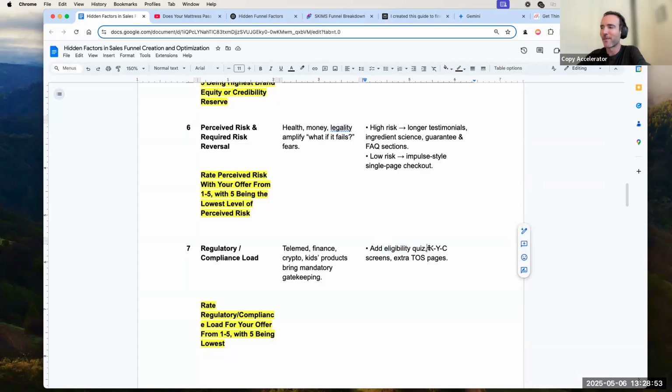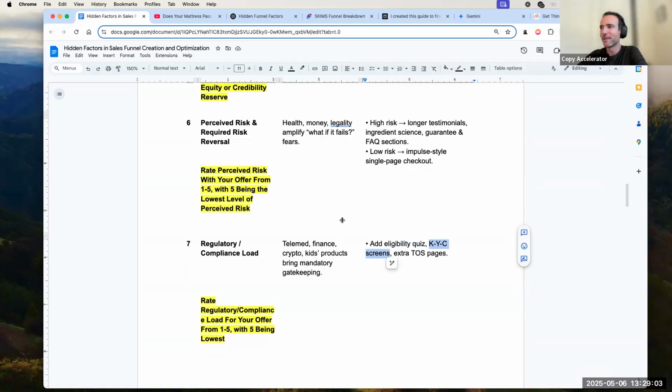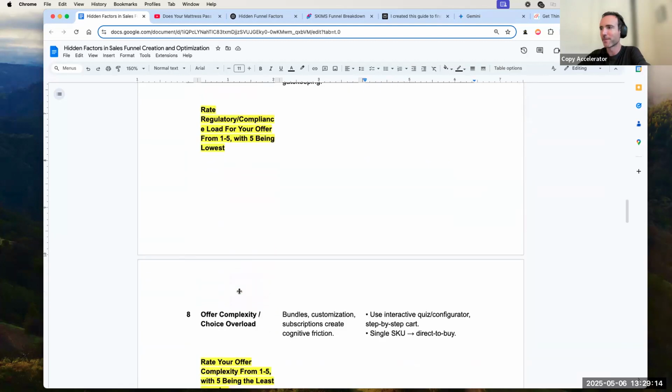If you're doing an investment opportunity, you have to add know-your-customer steps. Those things are often mandatory, but if you don't have to have any of that, you're a 5. If you have to have some of it, you're a lower score.